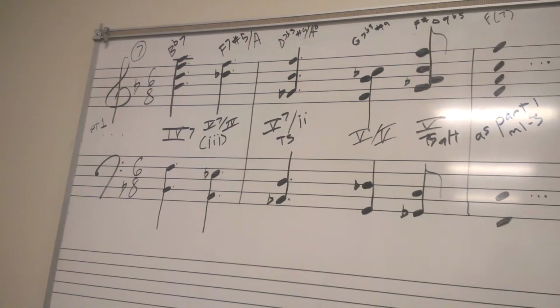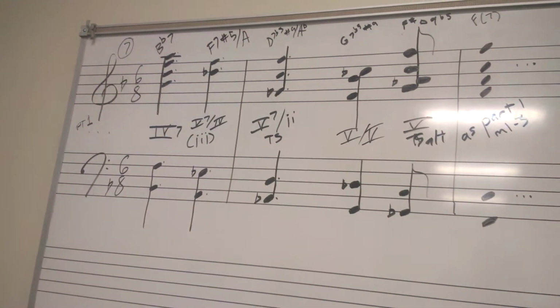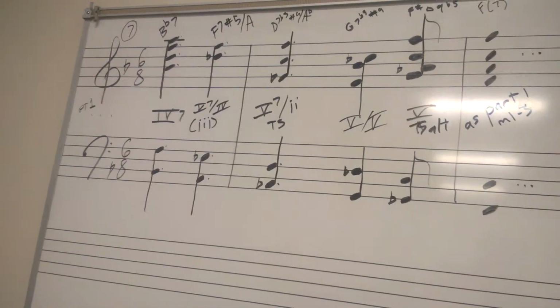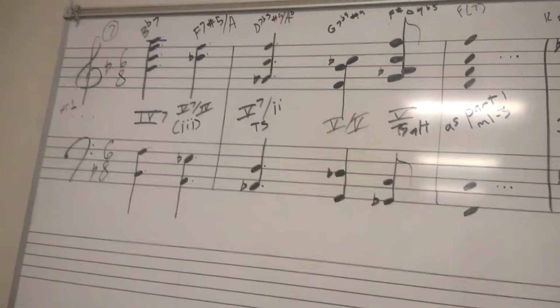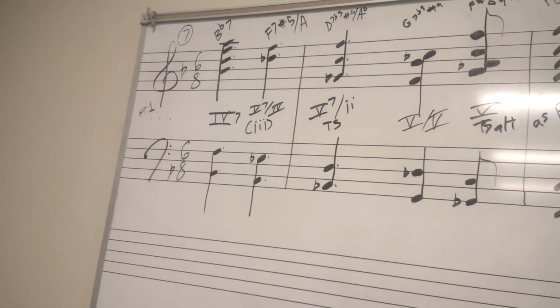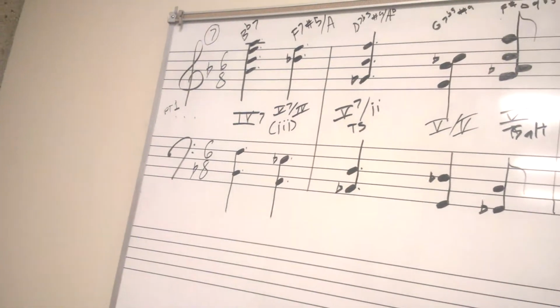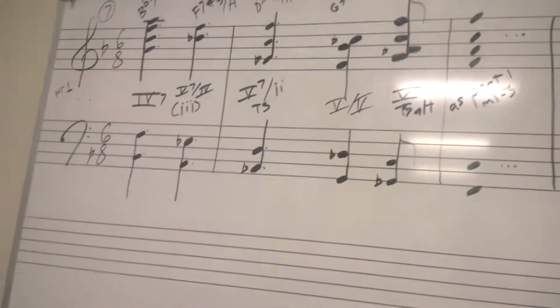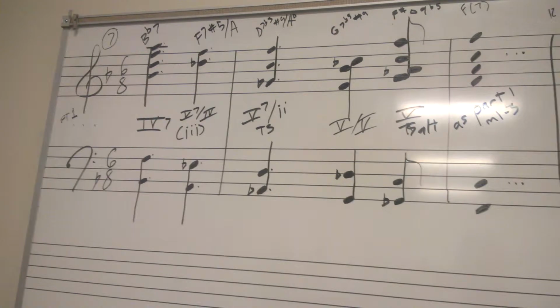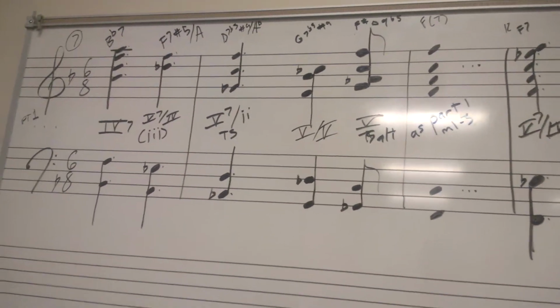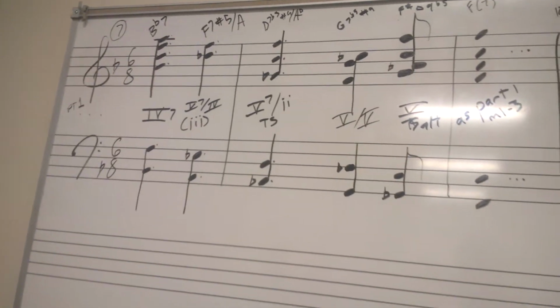Now, 9s and flat 5s, as you altered chords, are added for color, not for function. Just as how you have the D7 flat 5 sharp 9, or the G7 flat 5 sharp 9, or the F sharp major 9 flat 5. When looking at function, you take away the alterations. That way it's easier to understand.